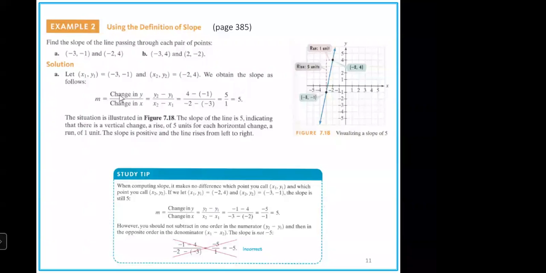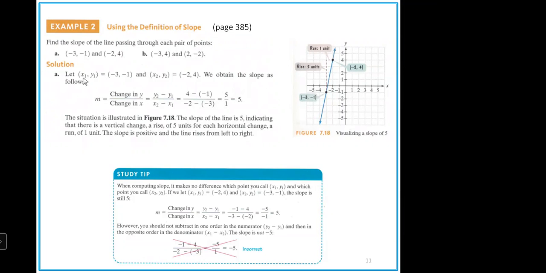We're looking for the change in y over the change in x. So your second y, y2, is 4, and your first y is -1. So 4 minus -1 would be on top.